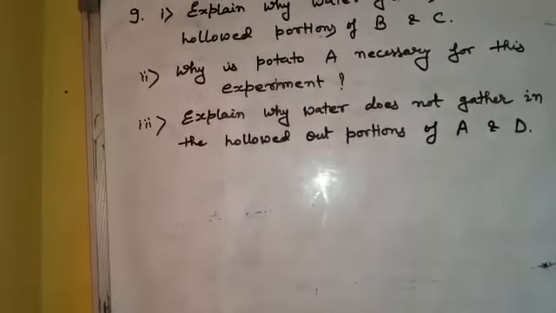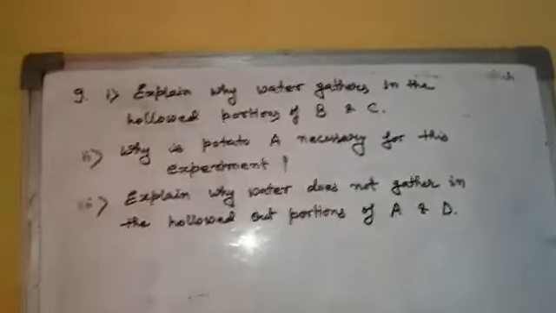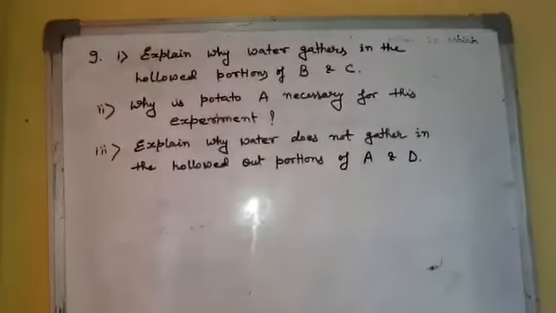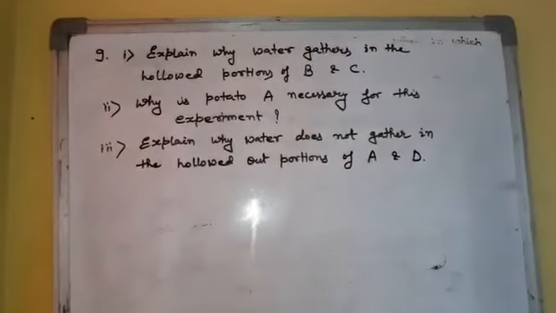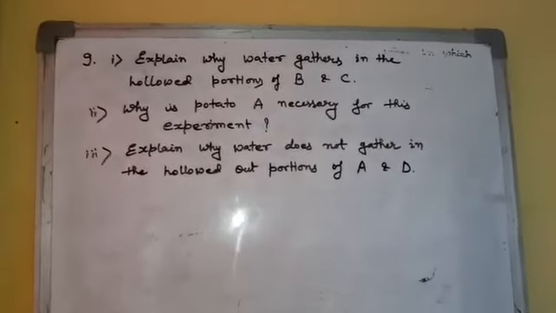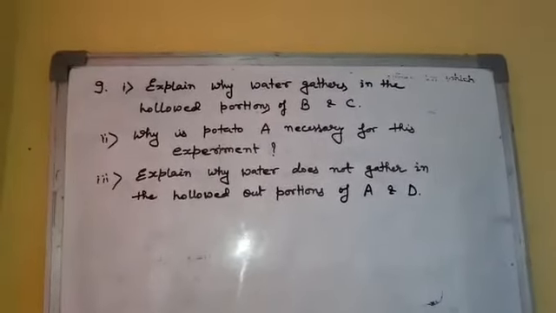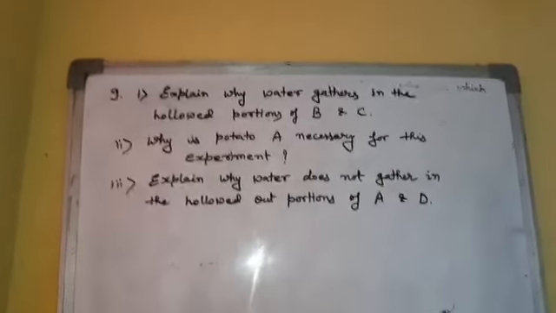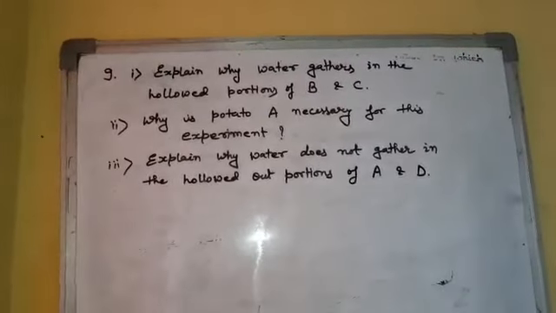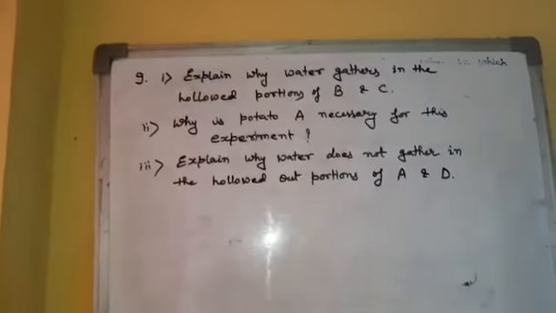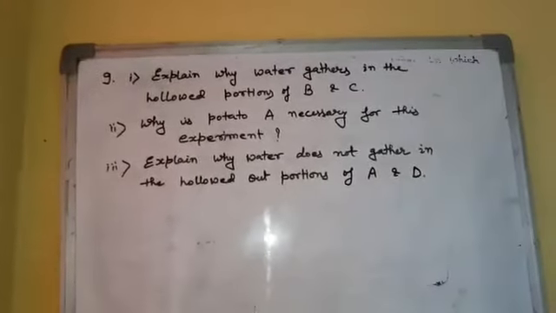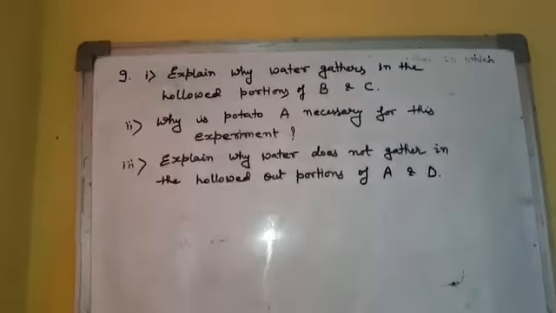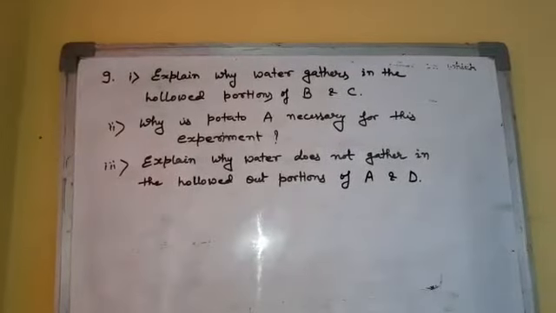Since the potato cup B is having sugar and in the external medium water is there, likewise, in potato cup C, salt is there and external medium is plain water. So, the external medium is hypotonic and water will move from the area of higher concentration to lower concentration. So, water will move from outside to inside.